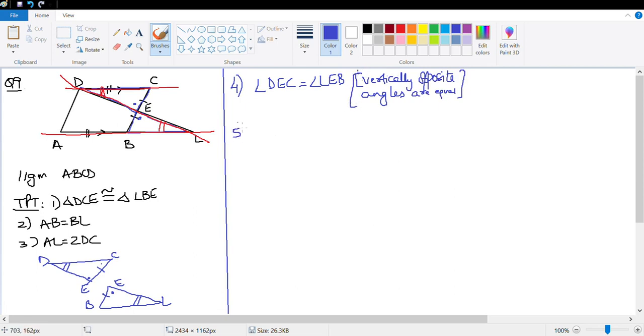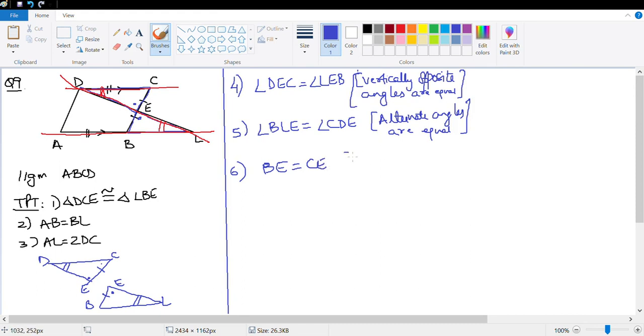Next is the second angle, which is angle BLE is equal to angle CDE. Why? Because these are alternate angles are equal. Done. And the last part, DE is equal to CE. Why is that? This is given.